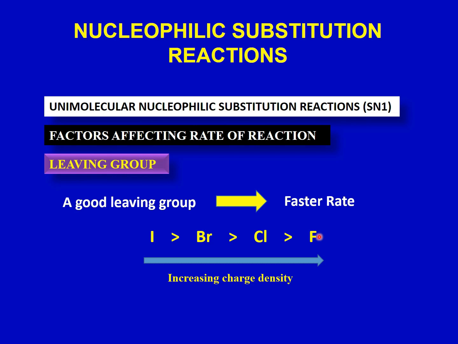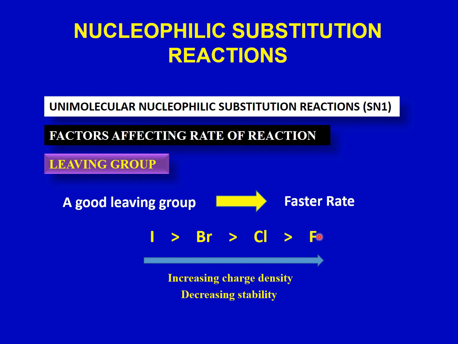Its size is bigger and the charge on all of them is similar. So when we have a bigger size with a smaller charge, the charge density is lower, and that means it is relatively more stable. At the extreme right, we have fluoride, which has the smallest size, and the charge is the same, so it will have the highest charge density.